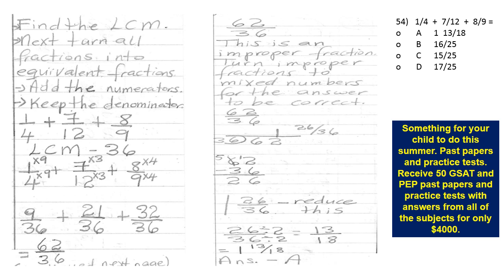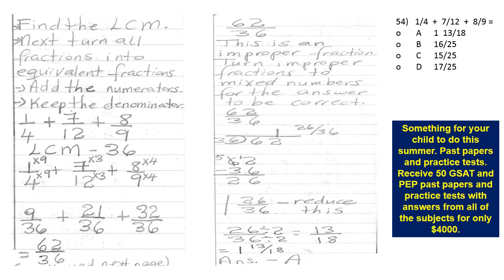You have to multiply the denominator and the numerator by the same number in order to turn the fractions into equivalent fractions.